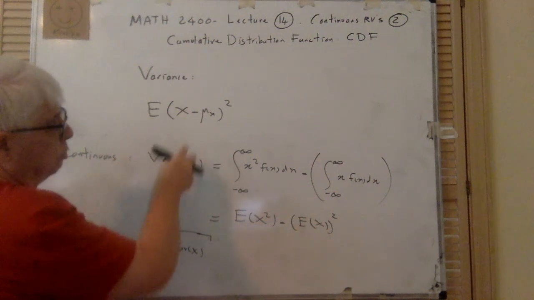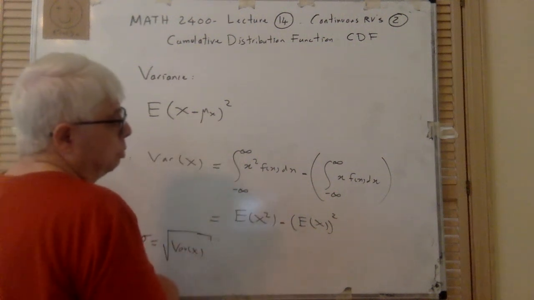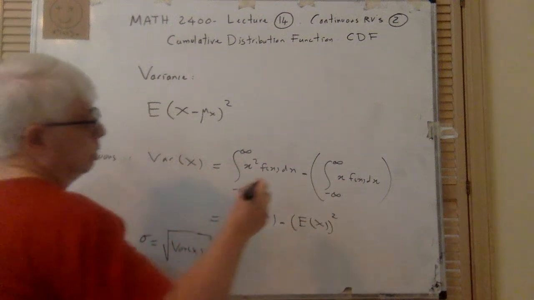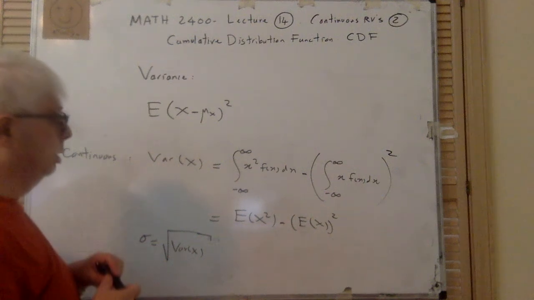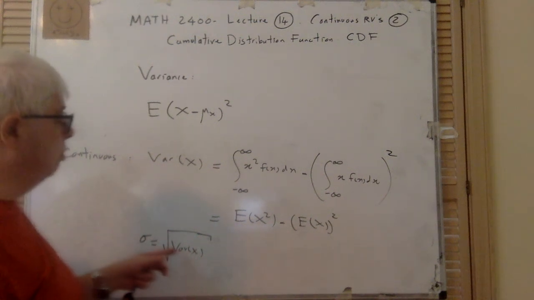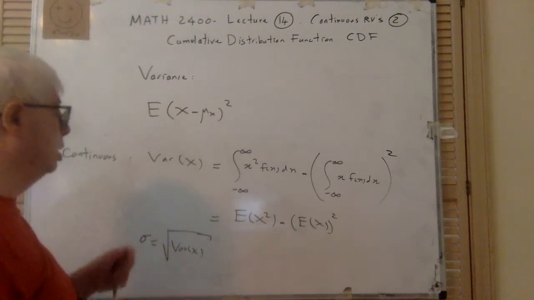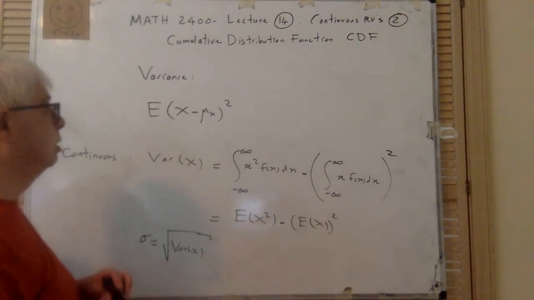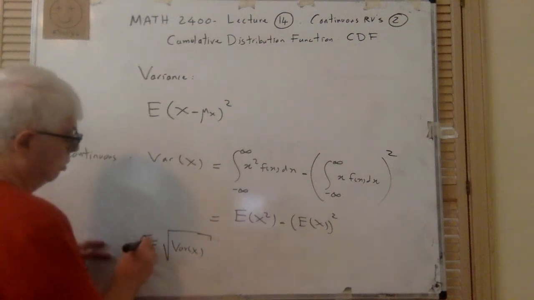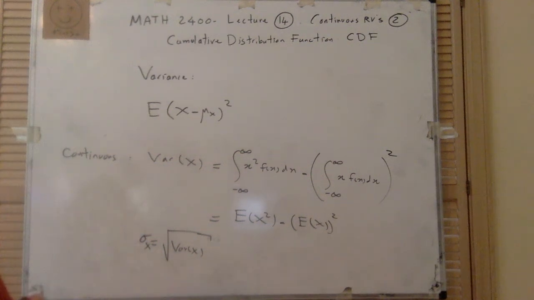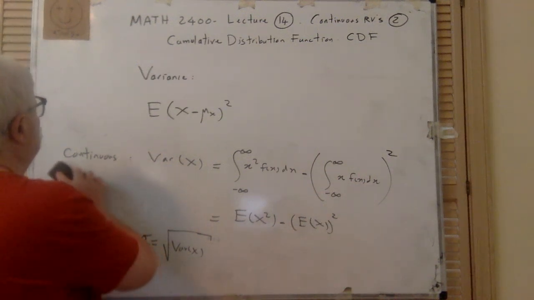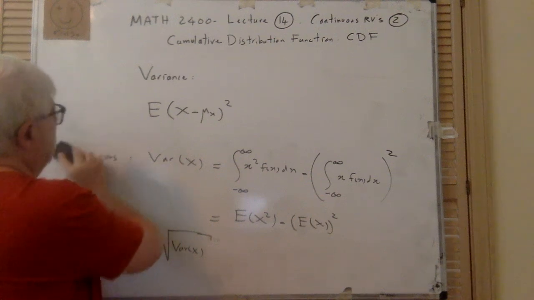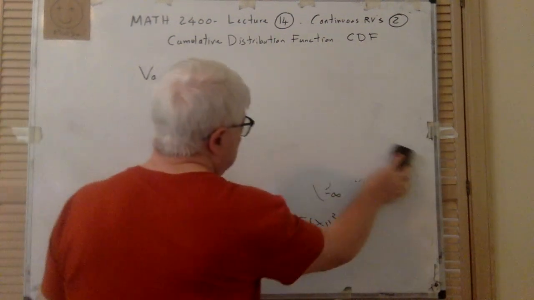If you expand this and use properties of the integral, you will get this. So variance is a non-negative number, and the square root of that is sigma, the standard deviation of x. Okay, so let's find the variance of the uniform distribution. So an example of that is the uniform distribution.